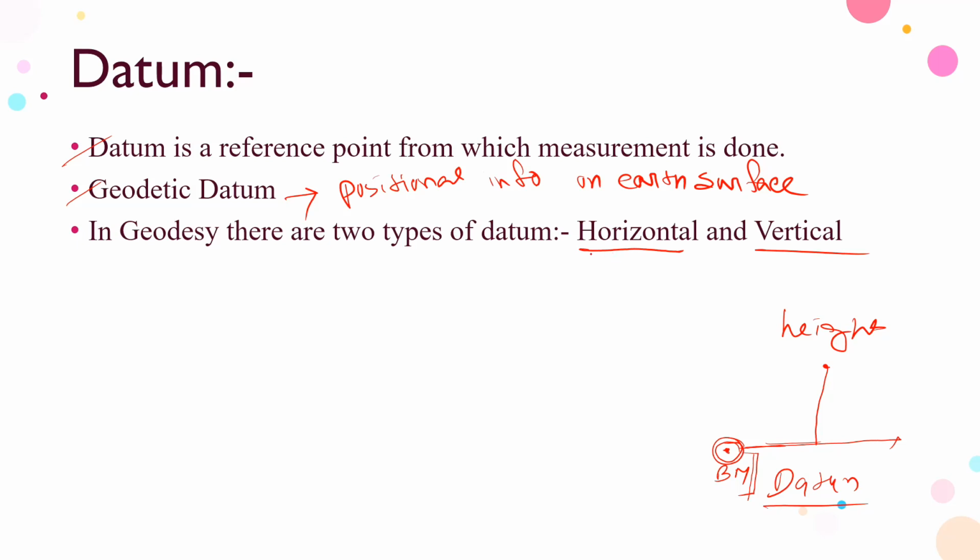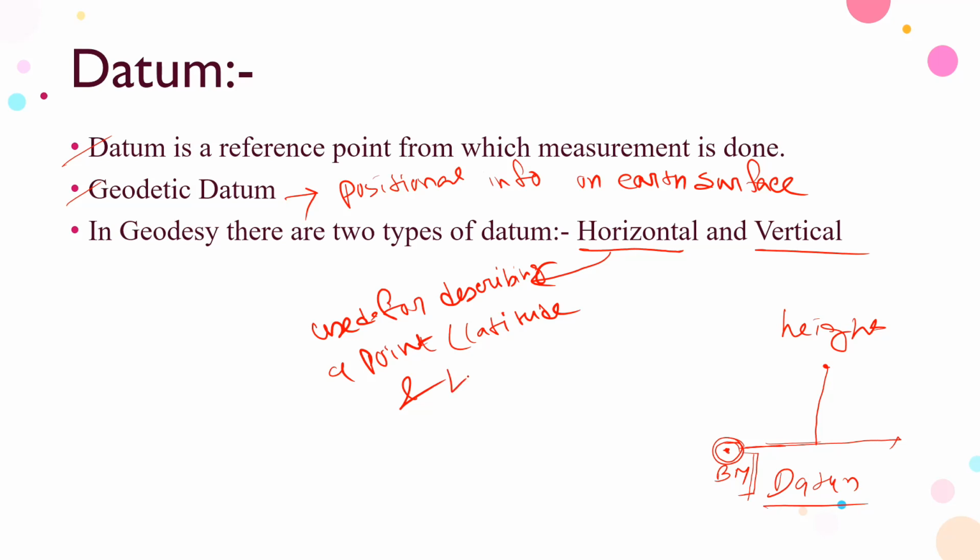Horizontal datum is used for describing a point on Earth surface, by latitude and longitude.